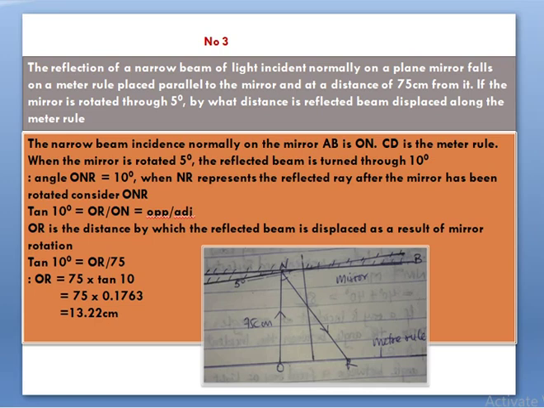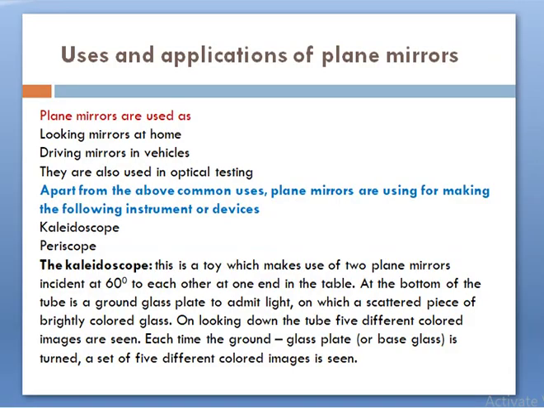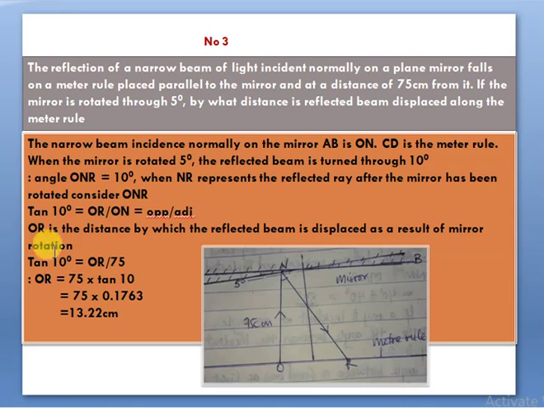Now let's look at question number 3. Now let's see the question. The reflection of a narrow beam of light incident normally on a plane mirror falls on a meter rule placed parallel to the mirror and at a distance of 75 cm from it.